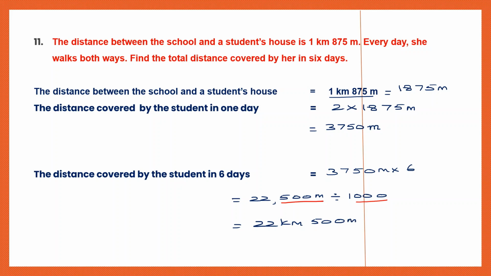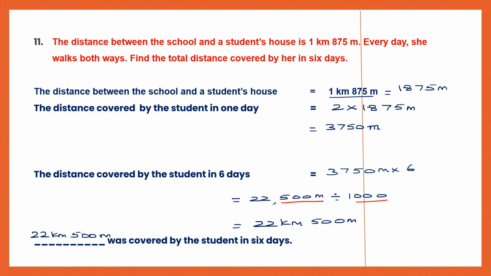So the distance covered by the student in 6 days is 22 kilometers, 500 meters. So the distance covered by a student in 6 days, let's write it down here, 22 kilometers and 500 meters was covered by the student in 6 days.